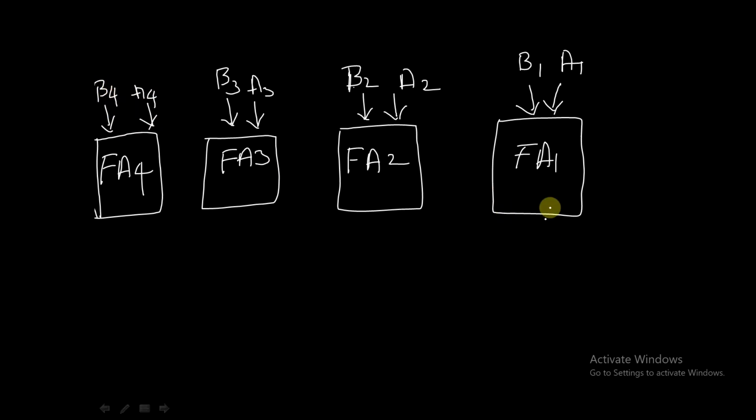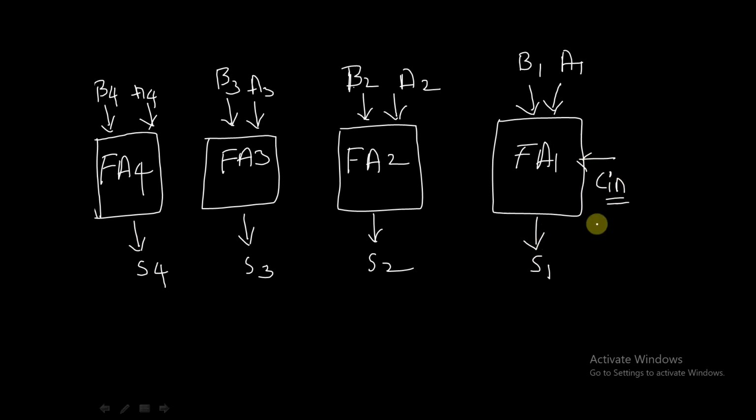The outputs of full adders 1, 2, 3 and 4 are S1, S2, S3 and S4. Let us assume this is the carry in, Cin, the initial carry. In this particular case we have taken Cin as 0.